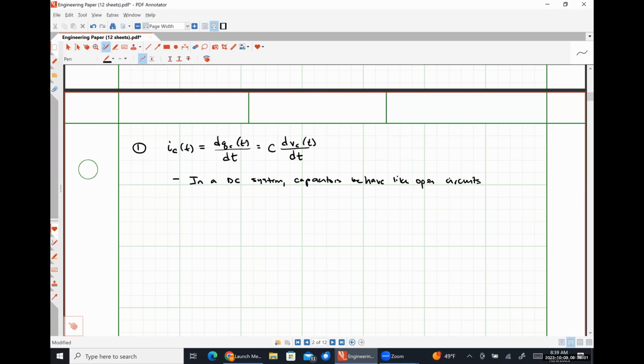And that rate of change relationship explains exactly why. If the voltage isn't changing, the current flowing through the capacitor must be zero. The element, so to speak, that forces the current to be zero is an open circuited set of terminals. So anytime we see a capacitor in a DC circuit, we can simply take the capacitor out, call it a day.